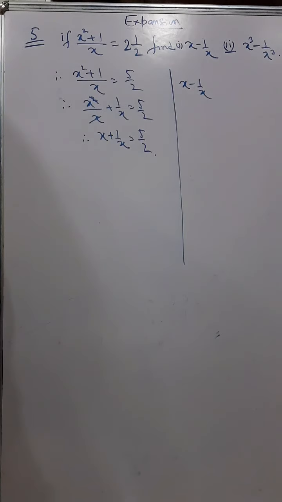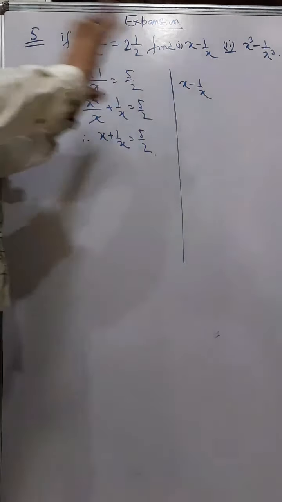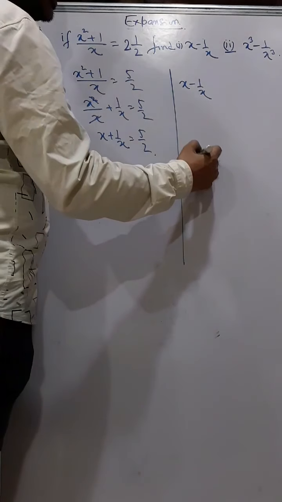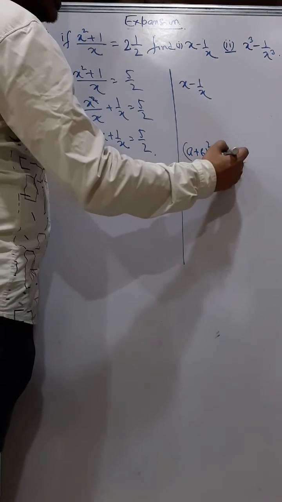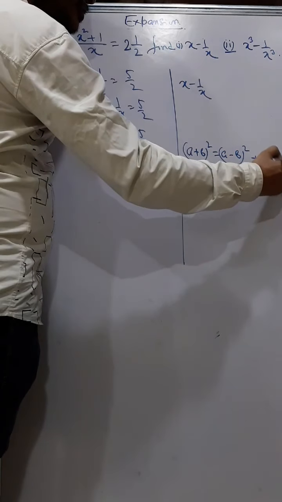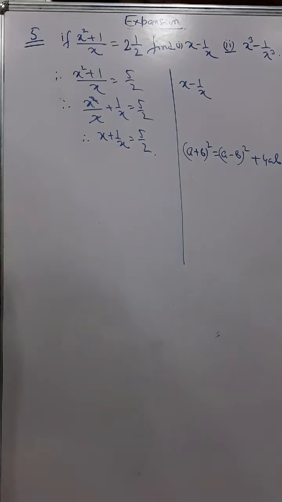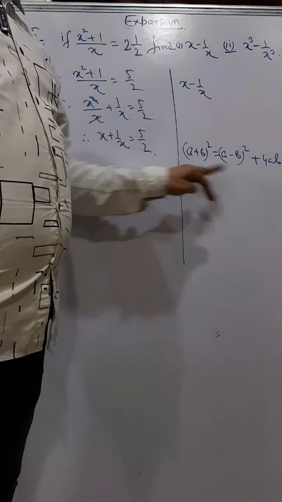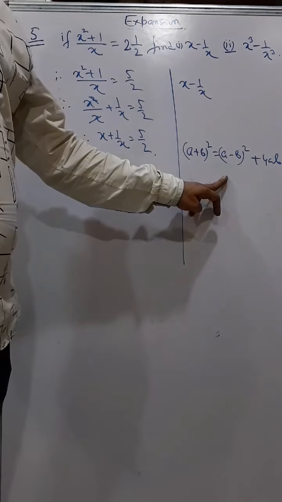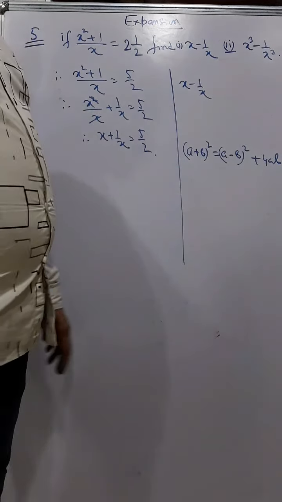There is also a direct formula, but I am not telling you that formula right now. Okay, there is a formula. This is also a formula, so directly we can use this formula for getting a plus b or a minus b directly.